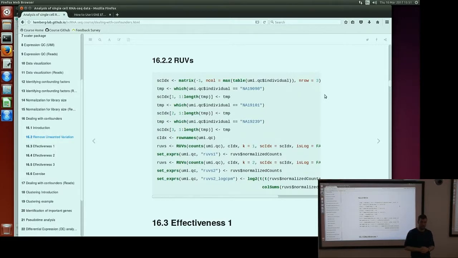So I think this approach only works where, from the experimental design, you have a reason to believe that particular cells are, quote unquote, like replicates, or are identical for covariates that you would fit in the model. So in this case, the individual they came from is like a covariate in the model, and particular cells share the same value of this covariate, whereas that's not true for cell types that you've identified from the expression data itself.